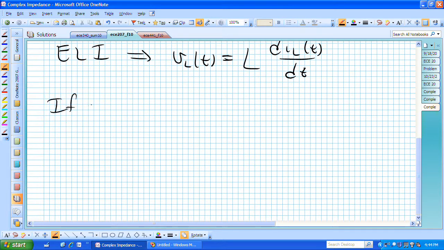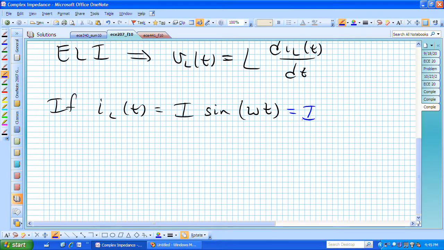Suppose we start with this sinusoidal steady-state value for our inductor current, and let's give it a magnitude of I, and assume that it's a sine of omega t.